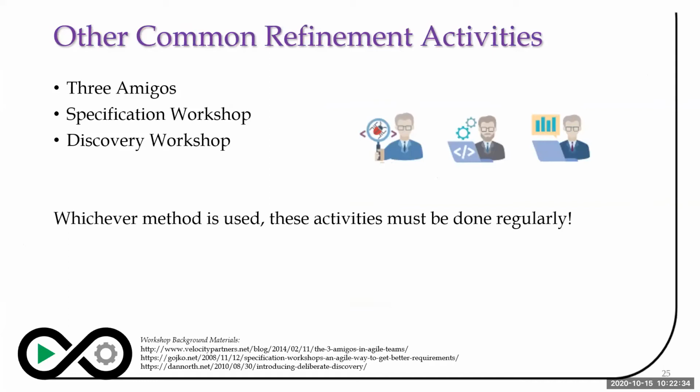There are many other terms, or forms, of these refinement activities. Some people call it a specification workshop, or a discovery workshop, or a tasking session. The important point, whatever you call it and whatever your practices are, is that you actually do it regularly. Your team adheres to this working agreement. I have listed here on the bottom some additional background materials if you want to learn more about conducting these types of sessions.